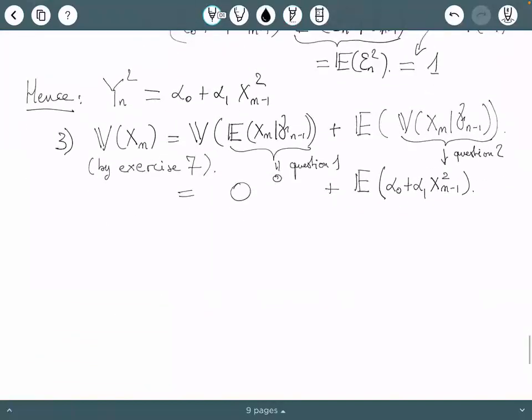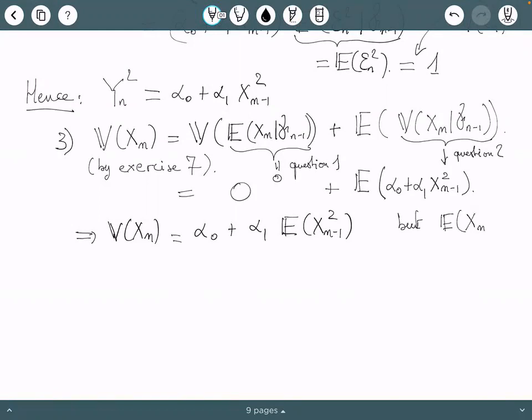So what we get is that the variance of xn is equal to alpha 0 plus alpha 1 expectation of xn minus 1 square. But we know that the expectation of xn minus 1 is equal to 0.